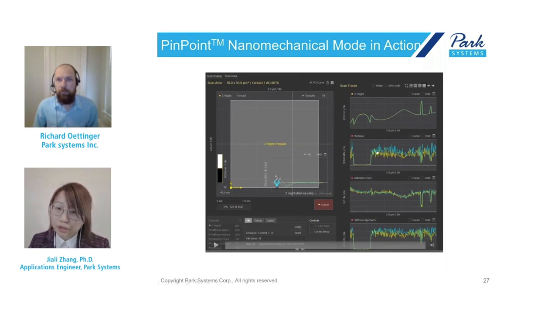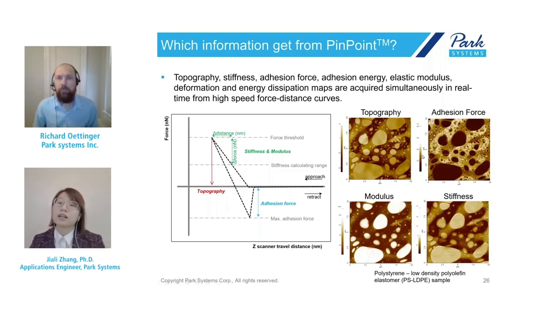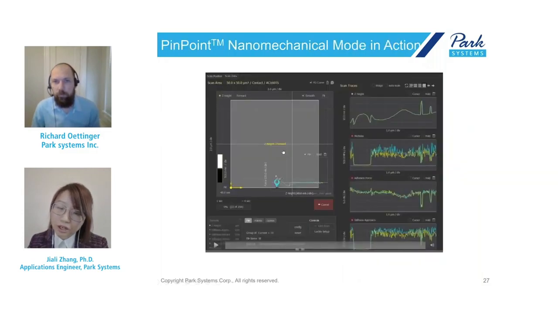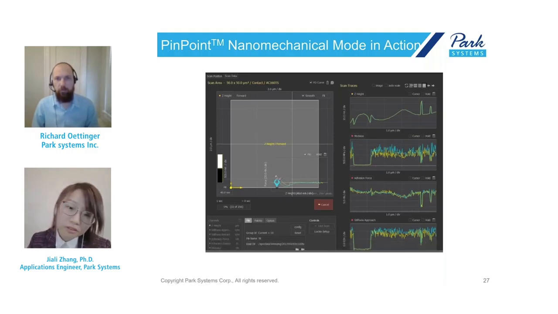But PinPoint mode also allows you to get additional modulus, adhesion force, stiffness, and adhesion energies in images at the same time. And also it is quantitative information, so you can get the numbers out of the images from our PinPoint mode.